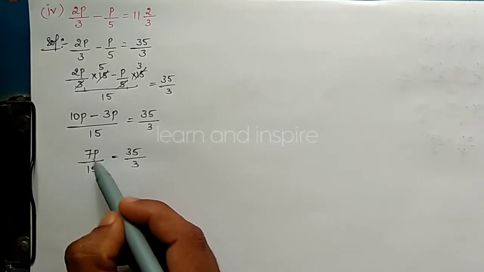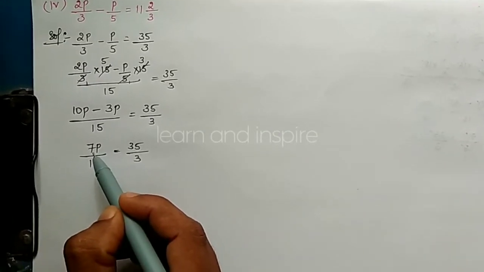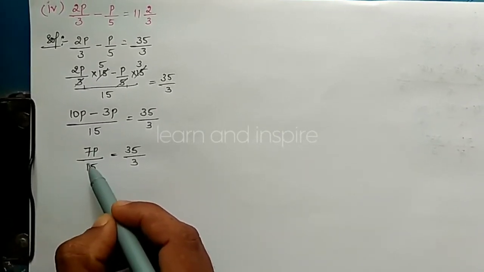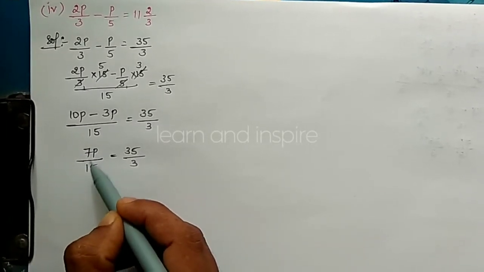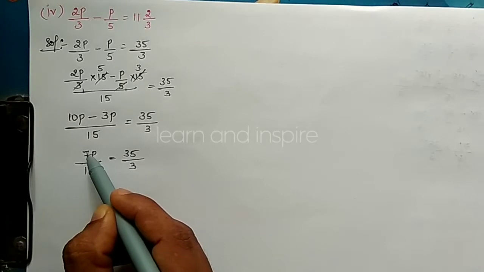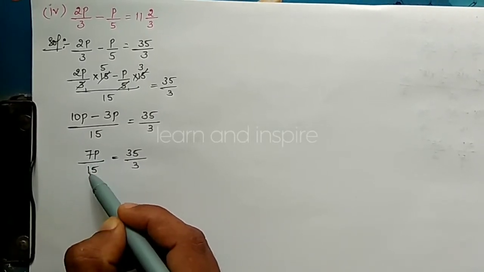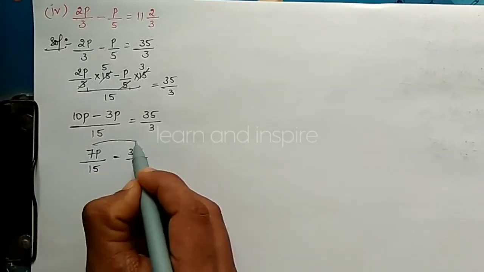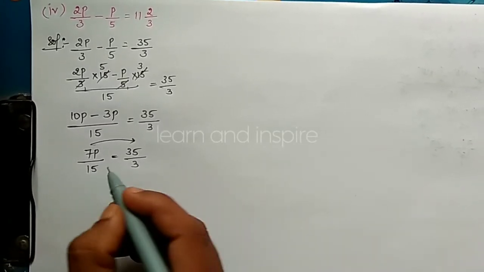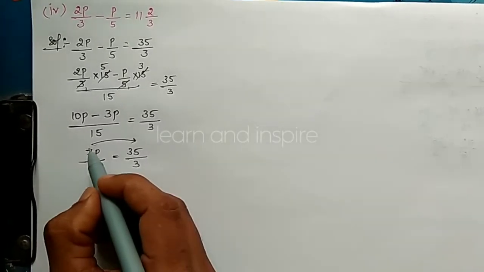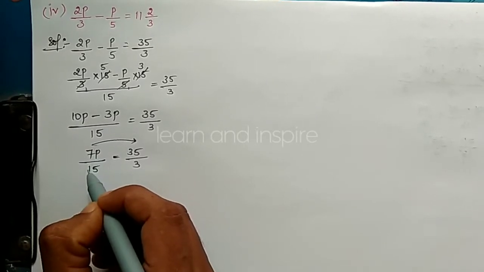Now we have to find the value of p. So 7 by 15 is on multiplication. This is the fraction 7 by 15. To find the value of p, we have to transpose this 7 by 15 to RHS. If I transpose a division to RHS, it becomes a multiplication, and this 7 by 15 is a fraction.